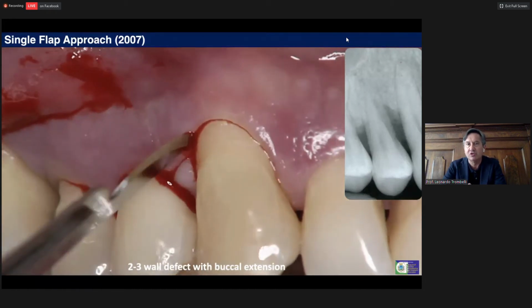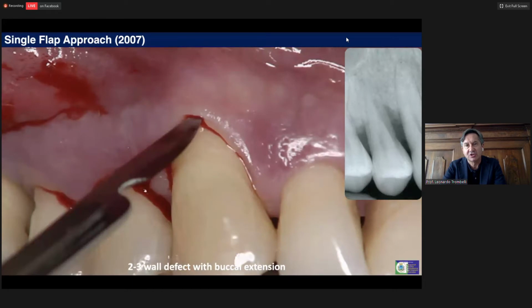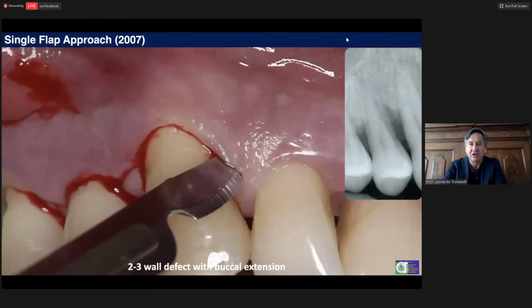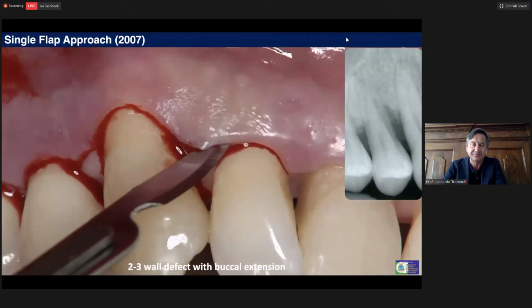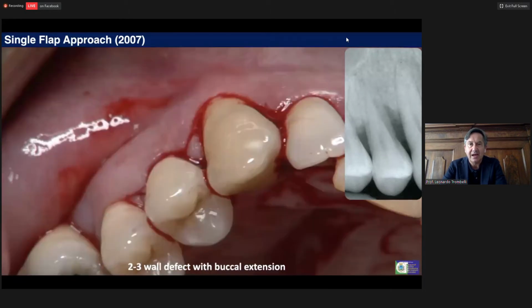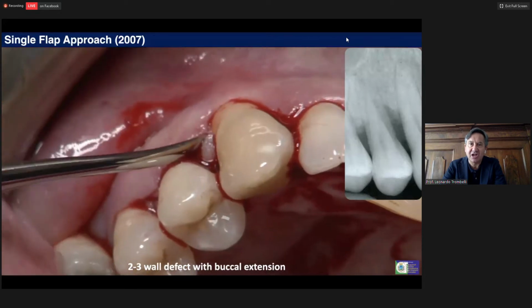Then, of course, you may extend the incision line to ensure flap elevation without excessive tension. Now you see that the flap is elevated just on the buccal side.